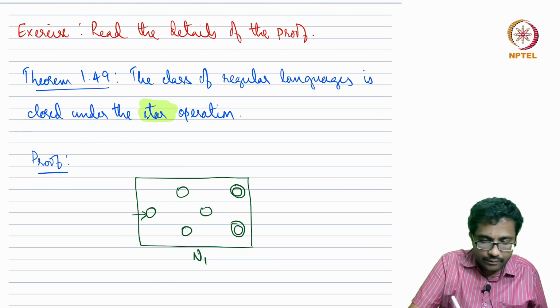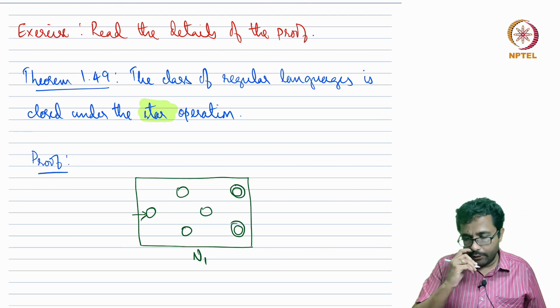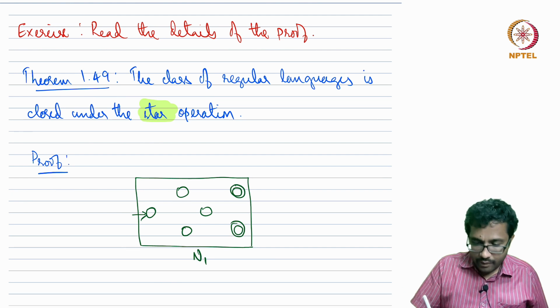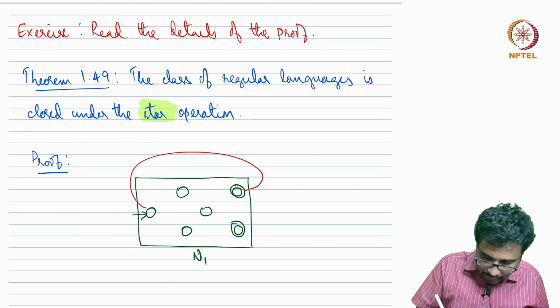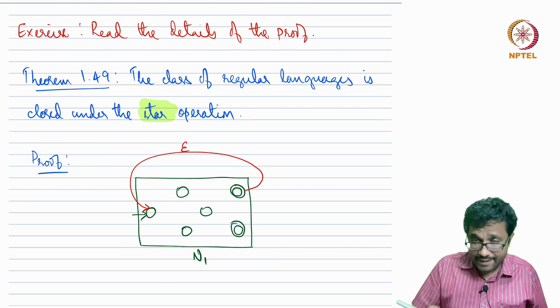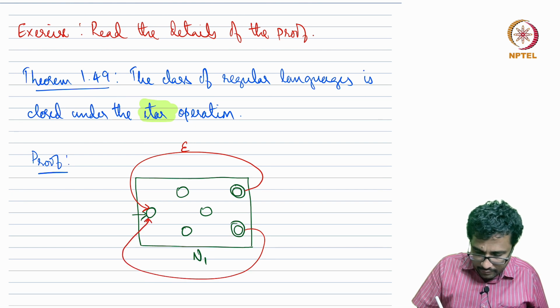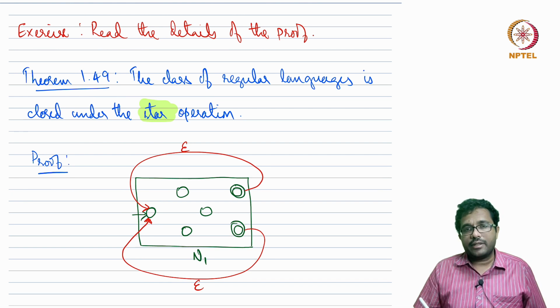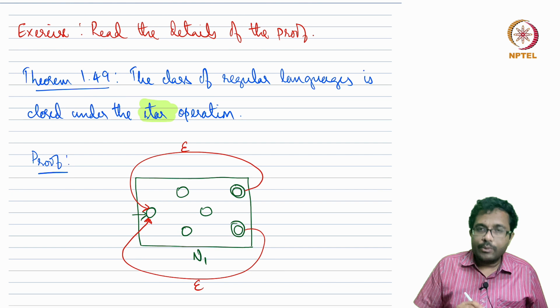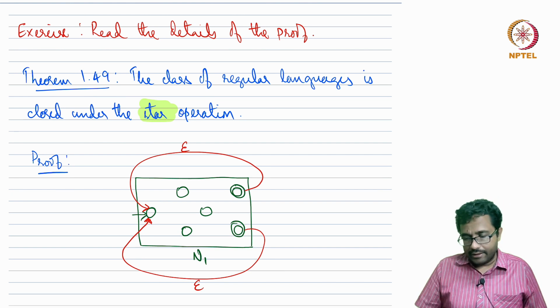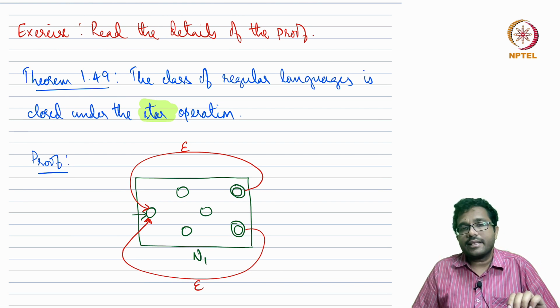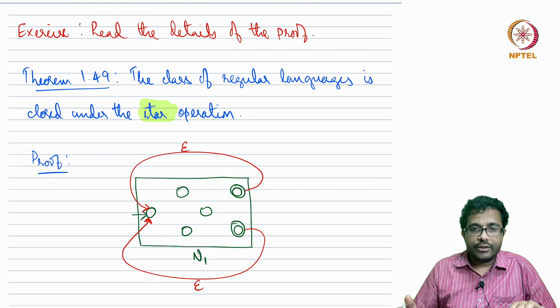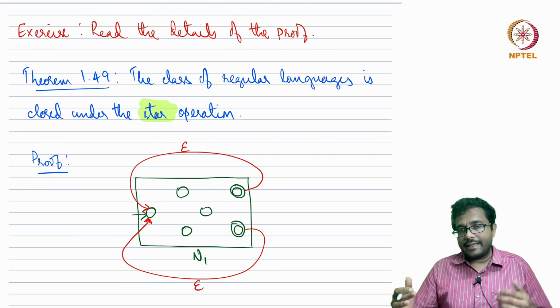The simple idea to execute here is to add epsilon transitions from the accept states of the machine to the start state of the same machine, right? So that's what I'm doing here. The start state remains the same and the accept states also remain the same. Now this will accept all strings of the form x1, x2, etc., where each xi is in the language A.